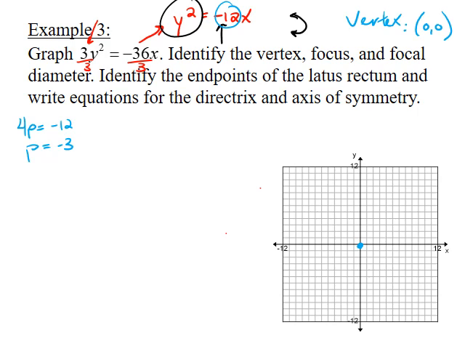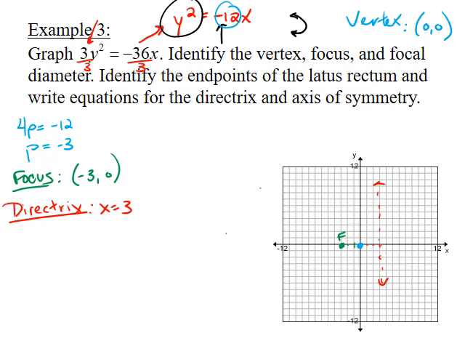So we will go to the left 3 units to get my focus. So the focus is negative 3, 0. We will go to the right 3 units to get the directrix, which is an equation of x equals 3. The axis of symmetry, in this case, is the x-axis, which is the equation y equals 0.